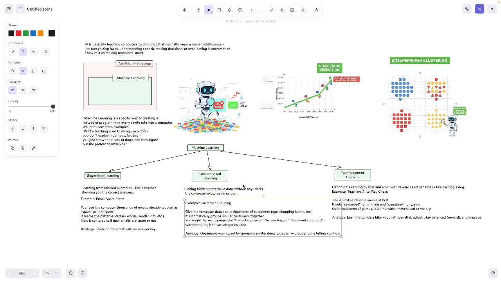Then reinforcement learning, which is like trial and error. When we are in childhood learning to ride a bicycle, we are given the bicycle and asked to ride it. We try to ride, we fall down, and then we learn, and likewise we learn how to ride a bicycle.